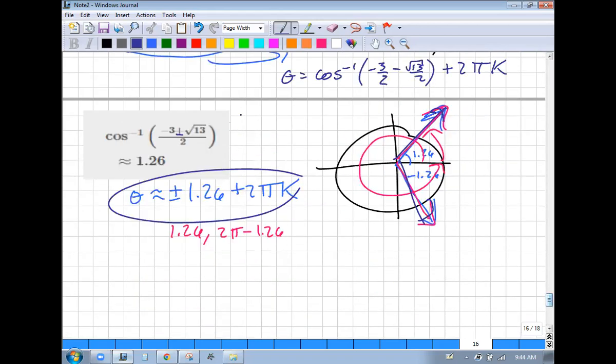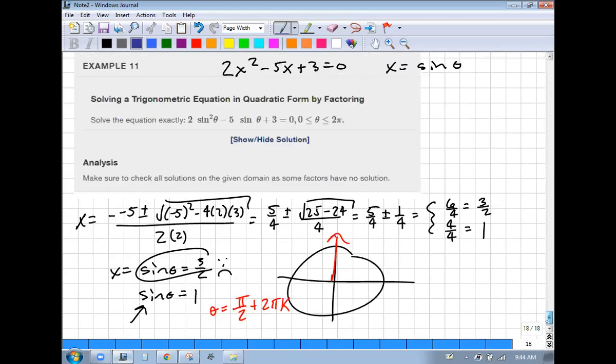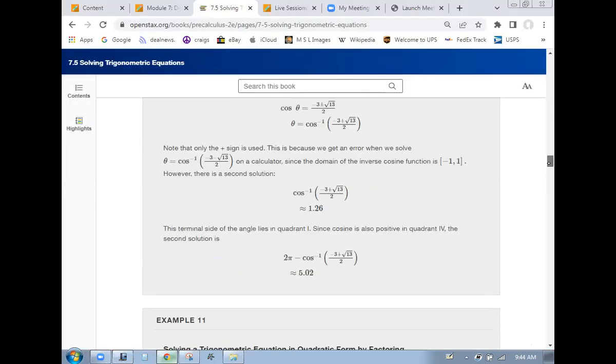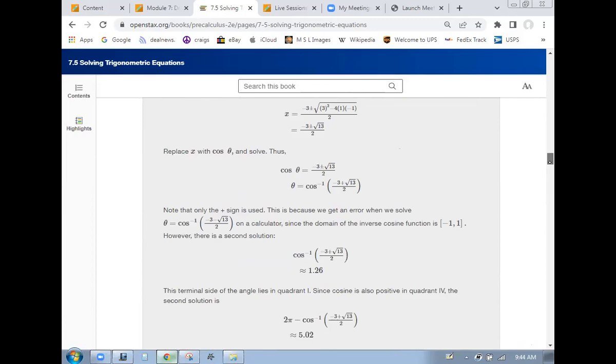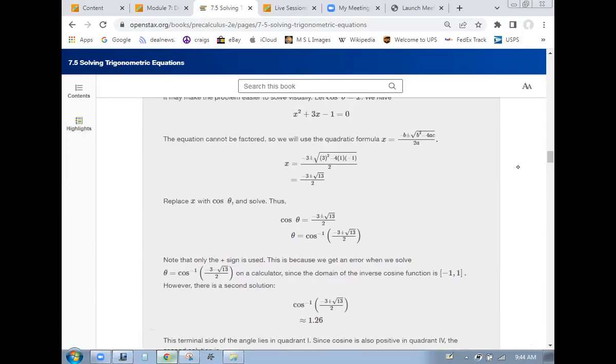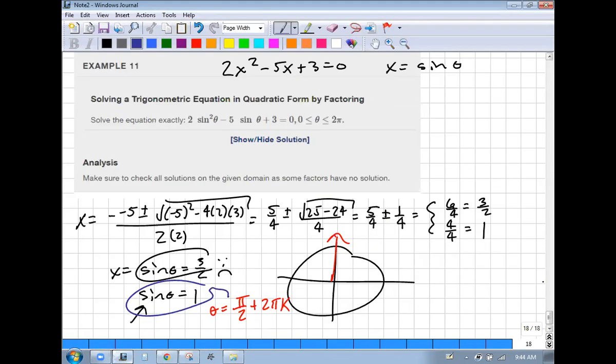So like this one, we got two equations, right? One of them didn't have any solutions. The other one gave us a few. Let me see why they don't have that one. So they have plus and minus, but only the plus sign is used because we get an error. Same issue up here.